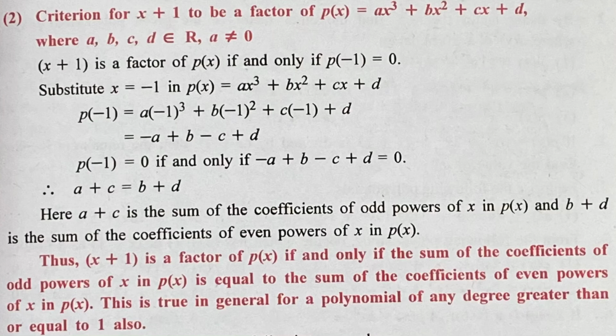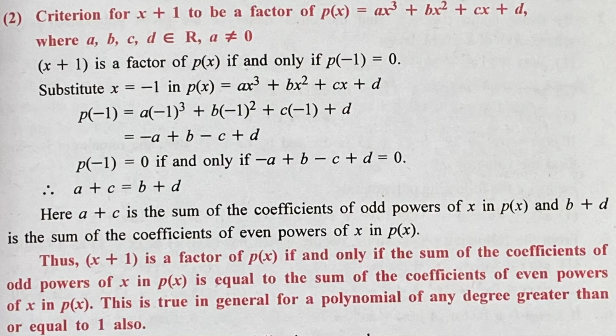So taking p of minus 1 in the cubic polynomial ax cube plus bx square plus cx plus d, we get p of minus 1 is equal to minus a plus b minus c plus d. So on splitting it, we get a plus c is equal to b plus d. So if a plus c is equal to b plus d, that is, sum of odd powers is equal to sum of even powers, then x plus 1 is a factor of the given cubic polynomial.